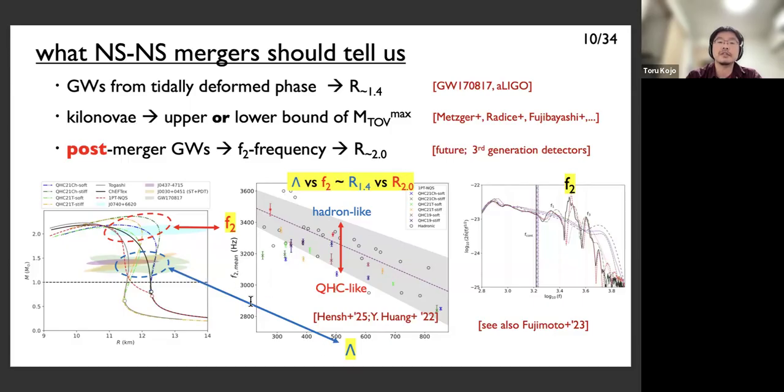Lambda has a strong correlation with the radius of a 1.4 solar mass neutron star, and the f2 frequency has a strong correlation with the radius of a high-mass neutron star. So by looking at the lambda-f2 correlation, we can infer the correlation between 1.4 and 2 solar mass neutron star radii. But anyway, this is what we want to know in the future.